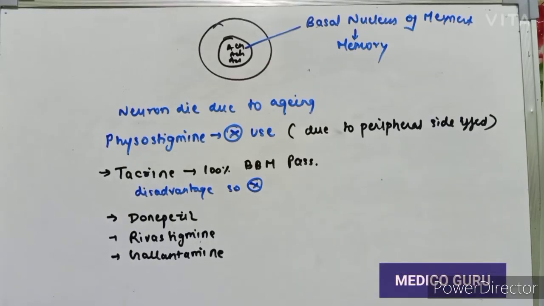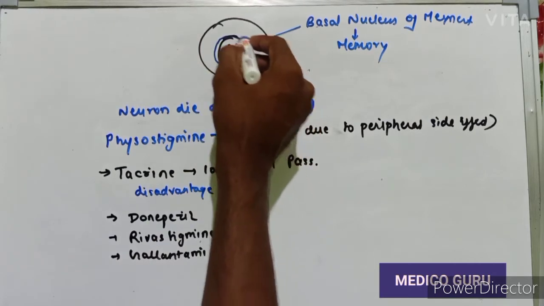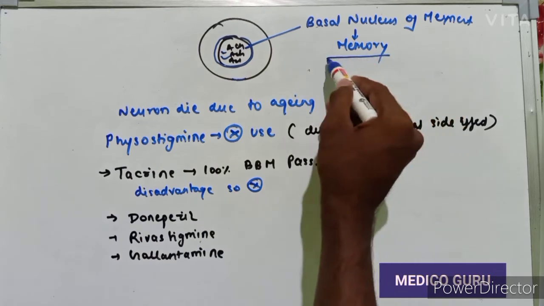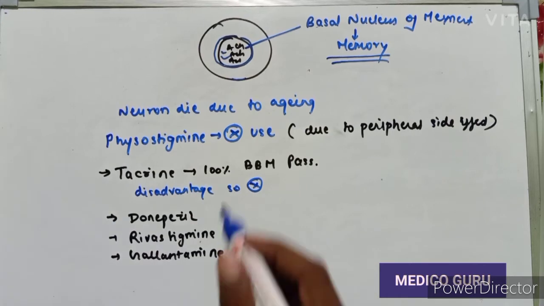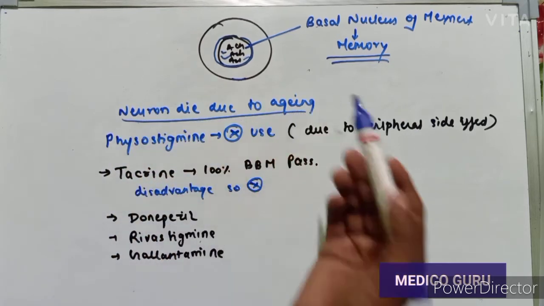So here is another brain related disease. This is the brain, and this is the basal nucleus of Meynert. Here is acetylcholine. The basal nucleus of Meynert is responsible for memory, and directly we can say that acetylcholine is responsible for memory. Neurons cannot divide, so neurons die due to aging.